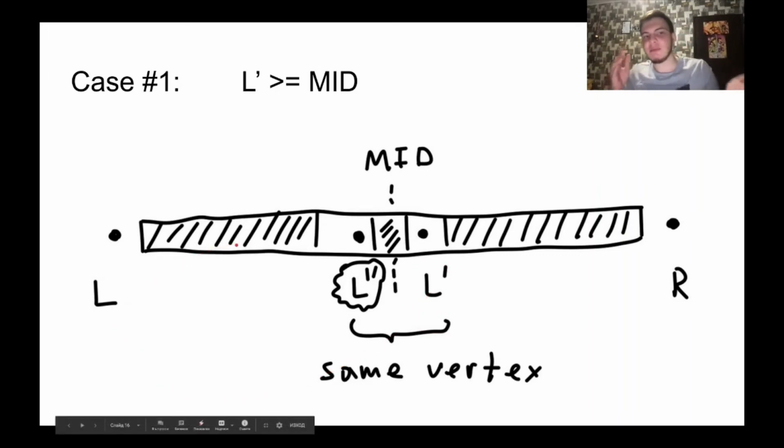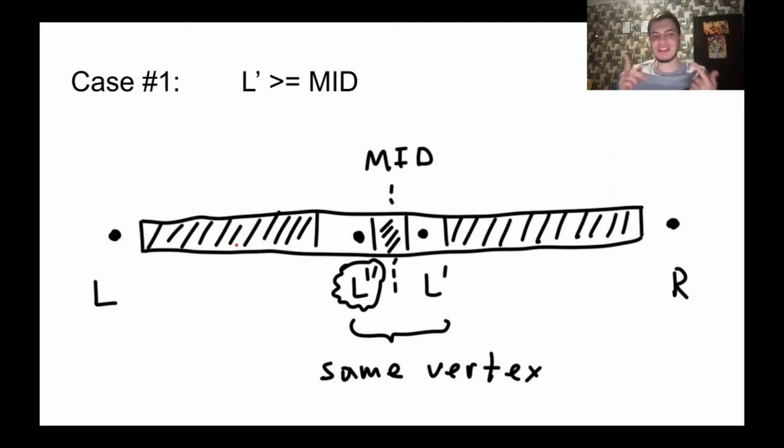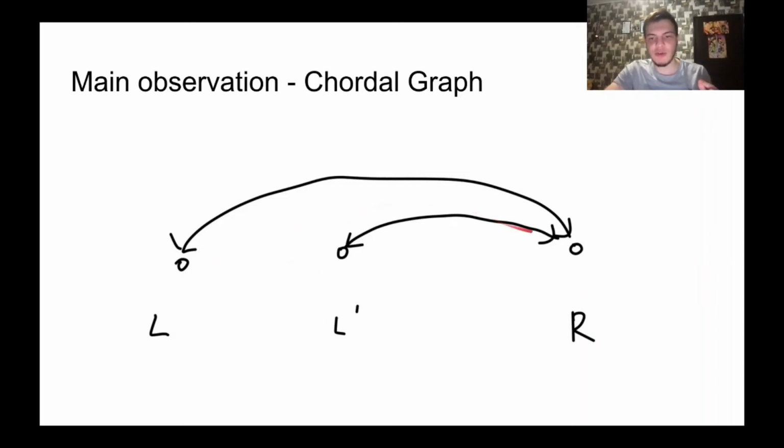But wait, this actually means that our assumption was wrong, because we assumed that L and L prime correspond to different vertices. Because in the previous case, we wanted to have two edges.